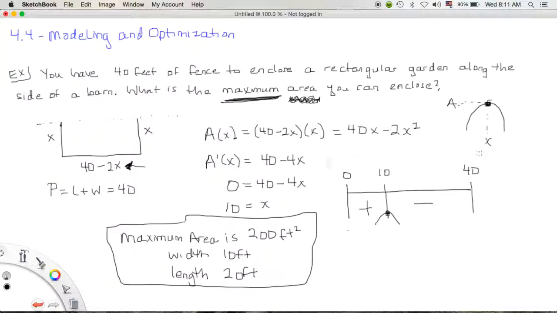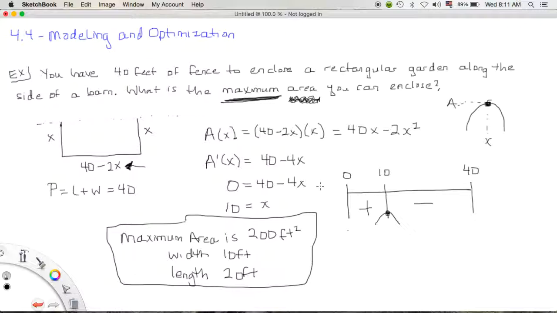Then you look at it and say, I need to take the derivative so that I can find my critical points and test to see where I have my maximum or minimum, whichever you're looking for. Don't forget about those endpoints. And notice here, they didn't give us endpoints, but it's a logical domain. If we only have 40 feet of fence, the width can only be between 0 and 40.